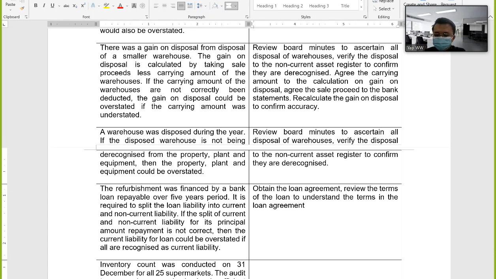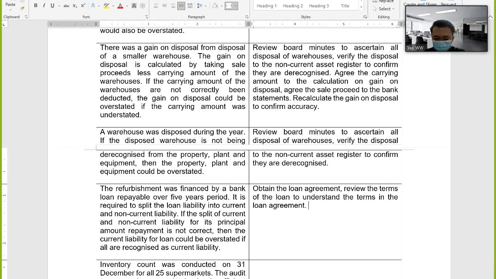Management is the one who calculates the split of this non-current liability. Therefore, management will have a working paper. You will expect management to have an Excel file to calculate how much are current liabilities, how much are non-current liabilities.